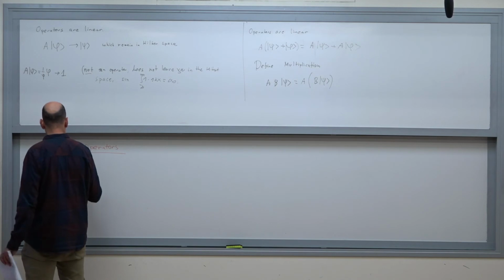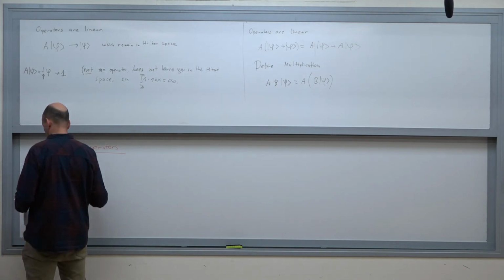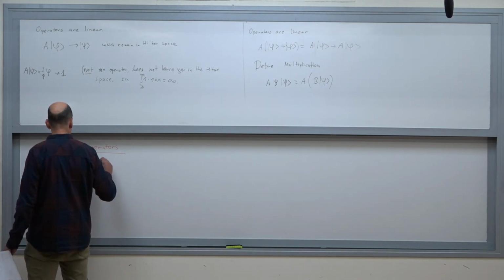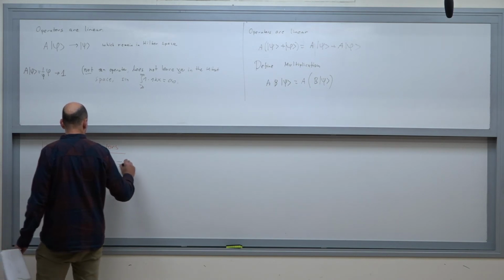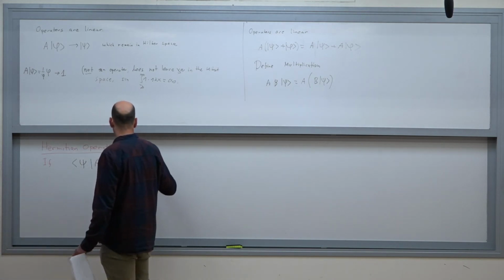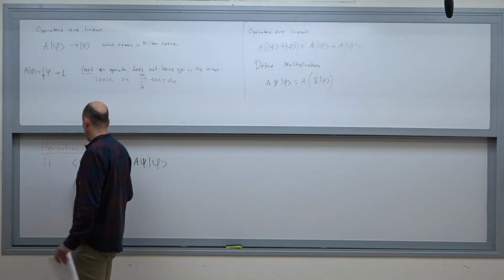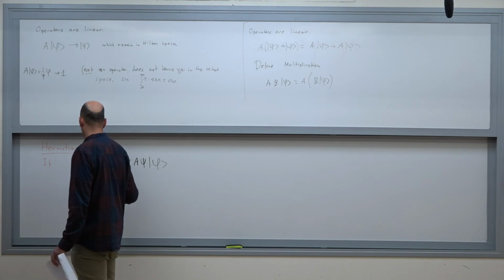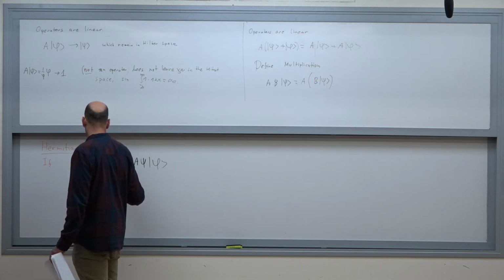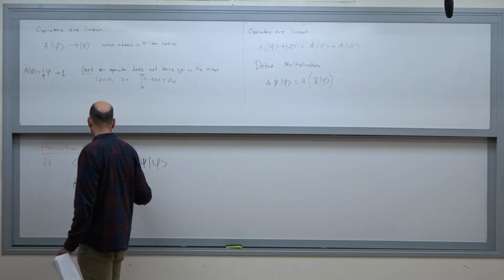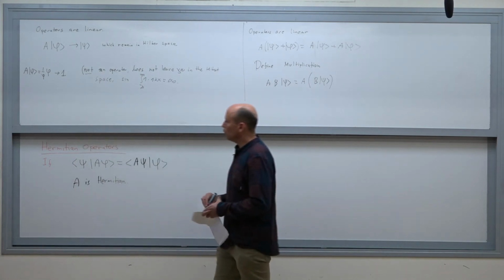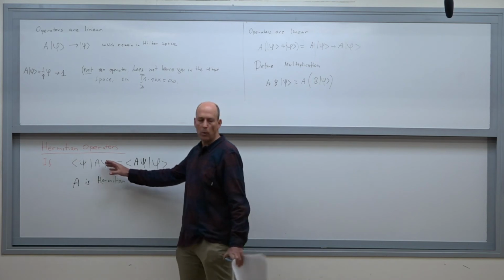Okay, if psi A phi is equal to A psi phi, A is Hermitian. You know this by example, for example, for momentum.